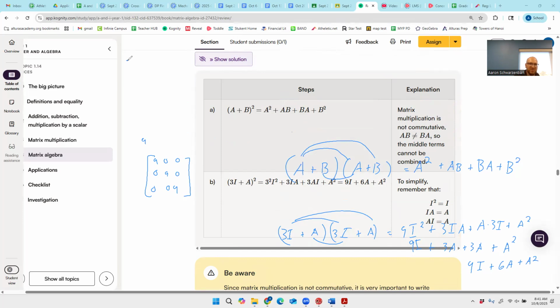So let's do something like this: A, B, C, D times an identity matrix. It would work the same if it's 2. So I get A times 1 plus B times 0, which equals A. Then I do row 1 times column 2: A times 0 plus B times 1.